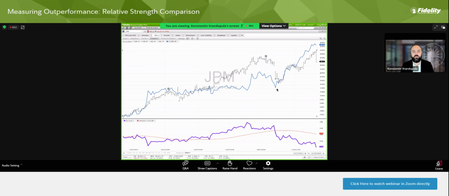So you have to be putting your thinking hat on and doing more work in terms of what you think is going to happen from here on out. Maybe the one that's underperforming is going to play catch up to the one that's been outperforming, right? So correlation and relative strength could be a huge part of that analysis.